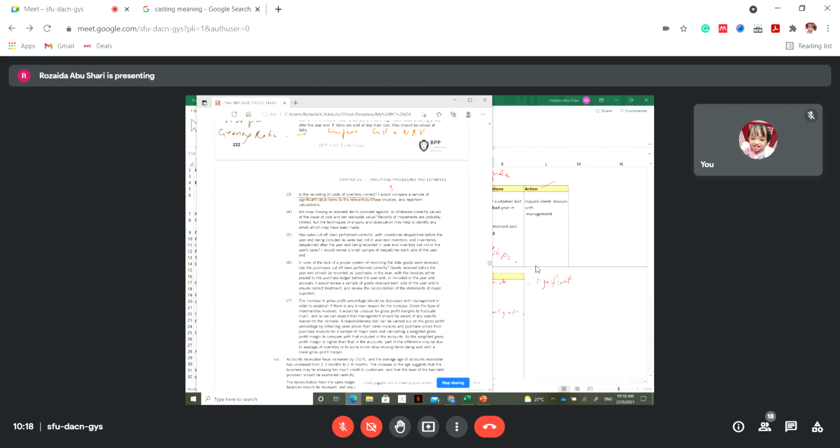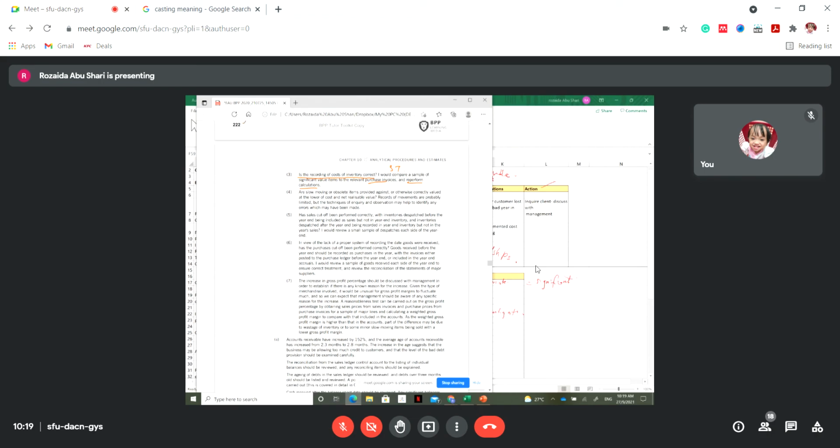This is a substantive test on the purchase invoice and re-performance of calculation. As I said just now, analytical procedures might be performed during the substantive test.